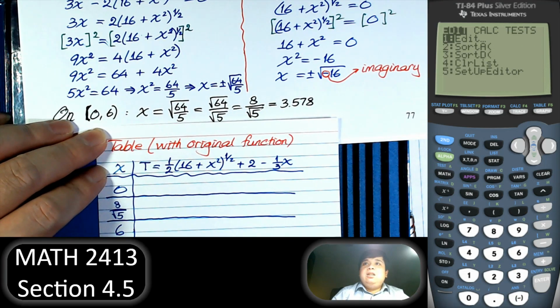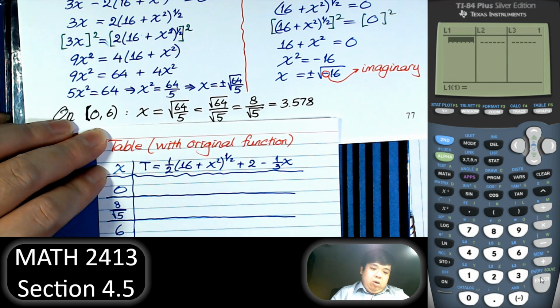Stat, edit, write the numbers 0, 8 divided by square root of 5, and then 6.